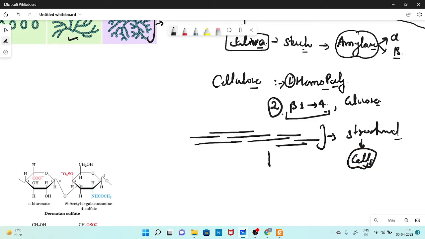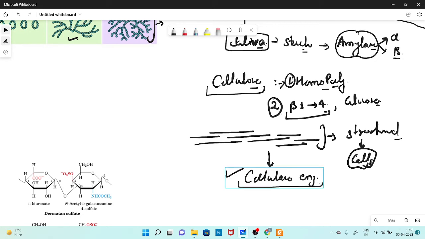Now, in humans, we do not have the enzyme which degrades cellulose, which is the cellulase enzyme. So sometimes a question can be asked: humans do not have cellulase enzyme, therefore humans cannot digest the cellulose which is consumed from plants, right?